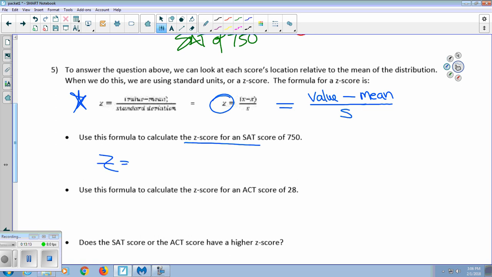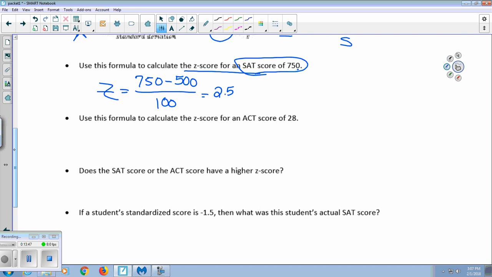So let's calculate a Z-score for SATs. So Z, if we want to know the Z-score for an SAT of 750, this 750 is our value we're interested in standardizing. How unusual is 750 in this distribution? So we're going to subtract the mean and divide by the standard deviation, and this comes out to be 2.5. Now we can quantify how unusual is an ACT score of 28.